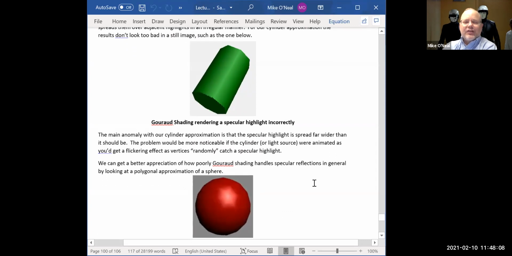But if you look at a sphere, especially a sphere that is rotating, you get this extremely weird effect under Gouraud shading, where when one of the vertices happens to land in the specular highlight, that specular highlight gets swooshed across all of the surrounding polygons. I don't want that. It gets squished across all of the surrounding polygons.